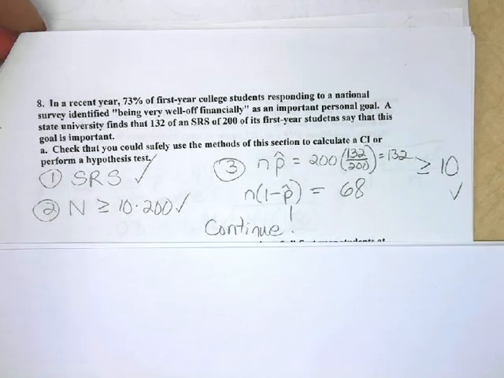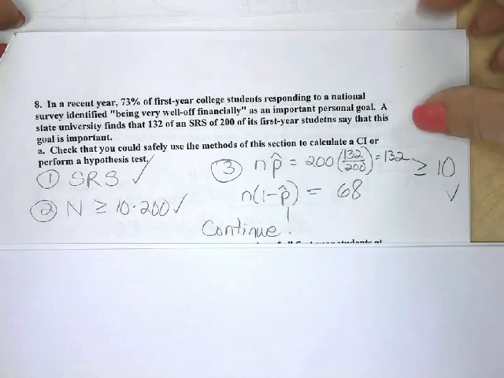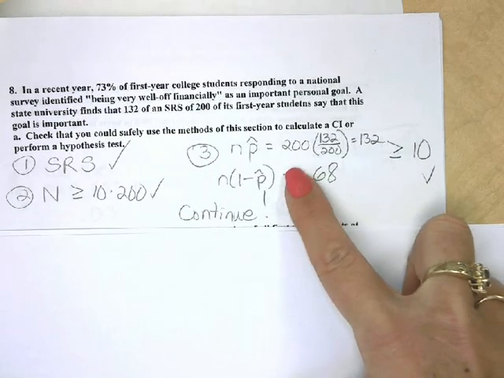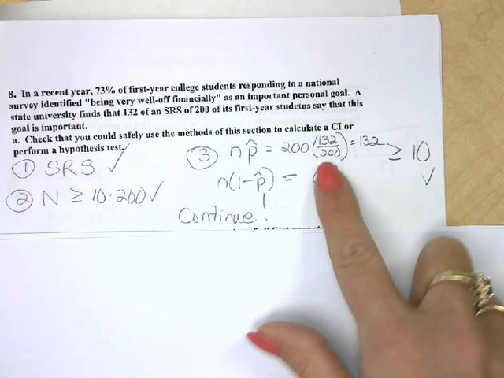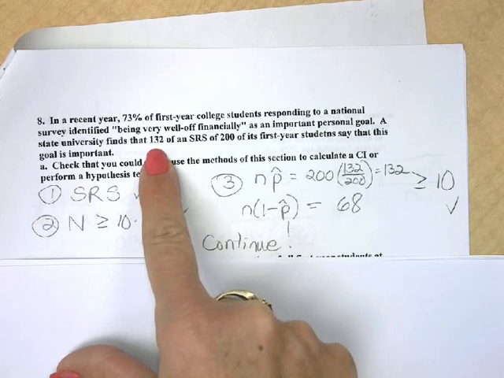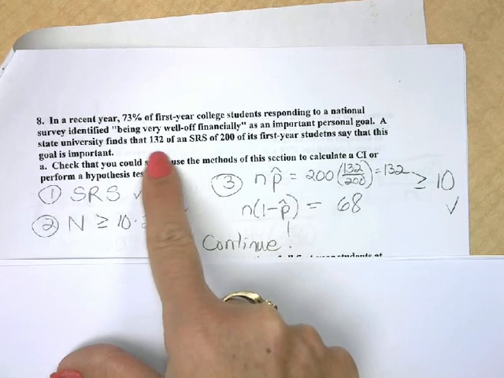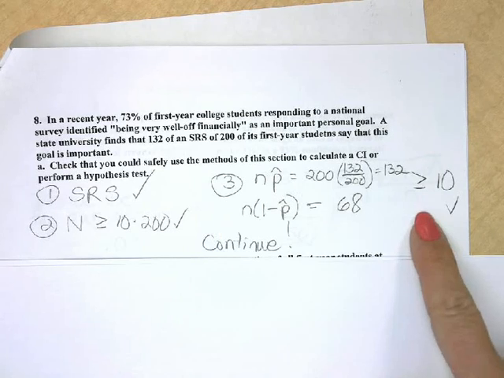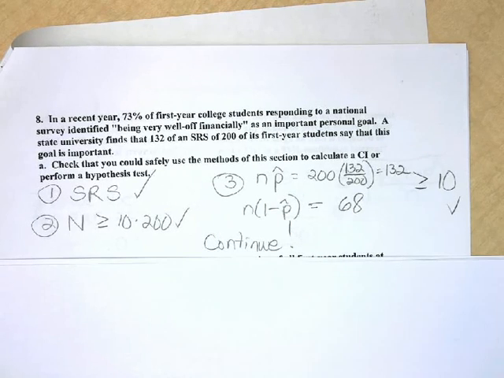And then to calculate a confidence interval, we need to check and see, did we get at least 10 successes and 10 failures? And we actually know from right here, we're told that there were 132 successes, and we would have then 68 failures. And both of those are at least 10. Therefore, we can proceed with calculating a confidence interval.